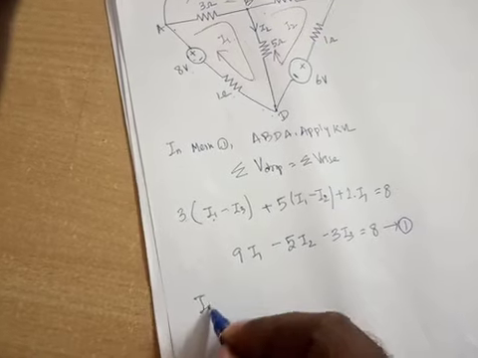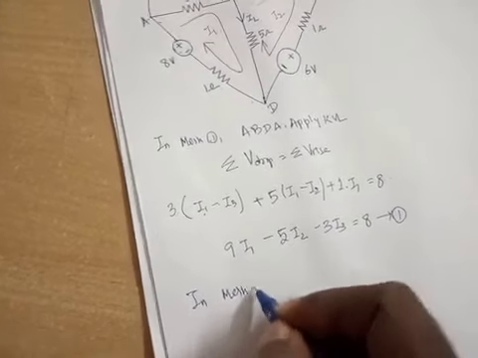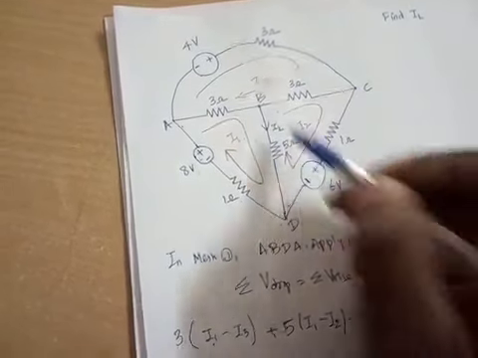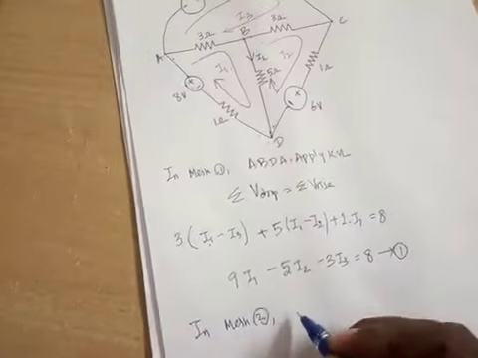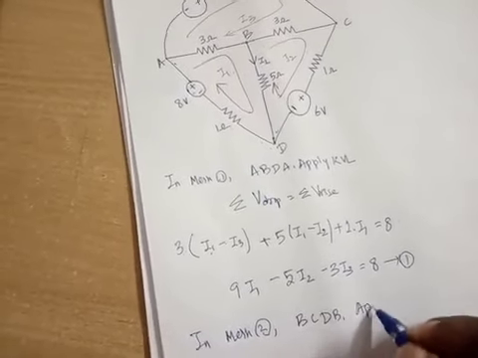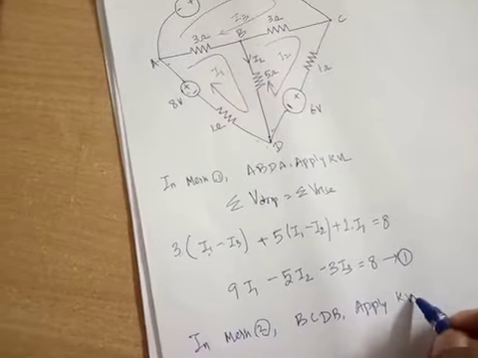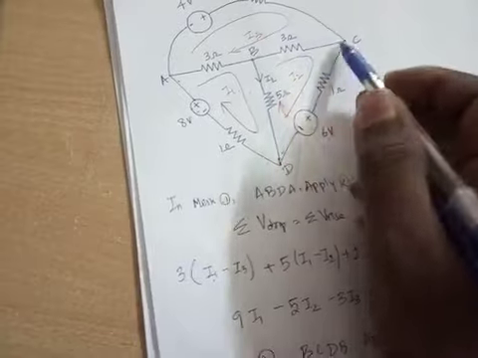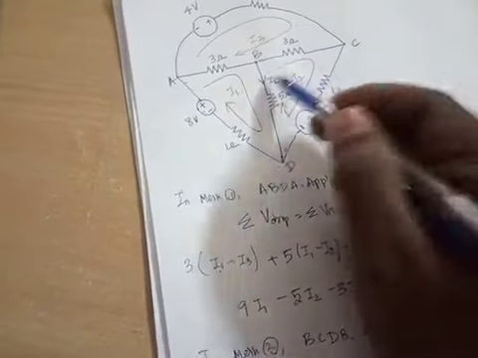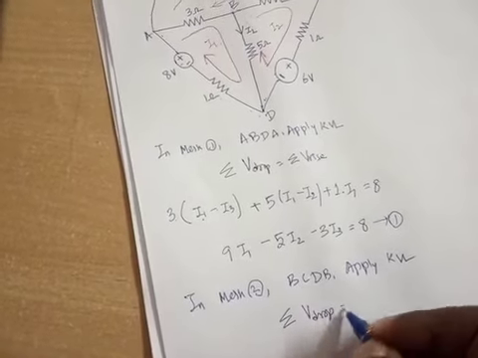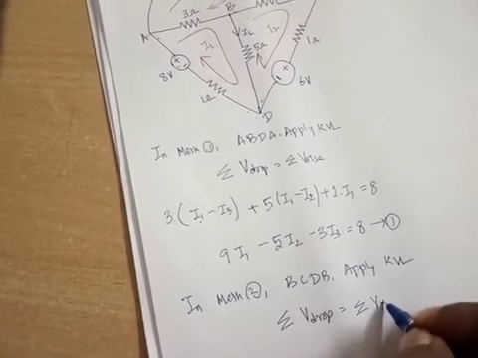Similarly, in loop 2 or mesh 2: B, C, D, B. Apply KVL. We are assuming the current in clockwise direction, so travel the loop clockwise: B, C, D, B, not B, D, C, B. Sum of potential drops equals sum of potential rises.